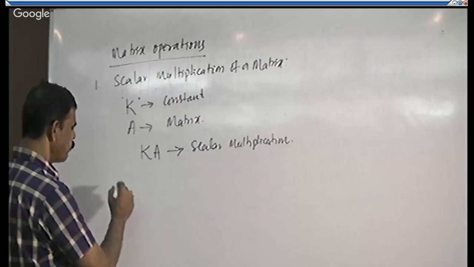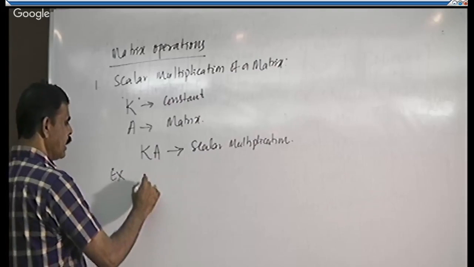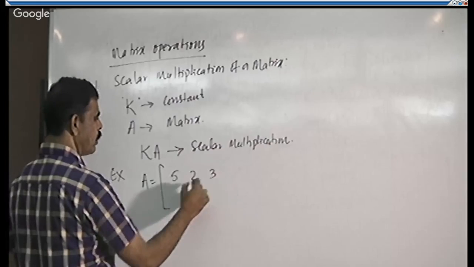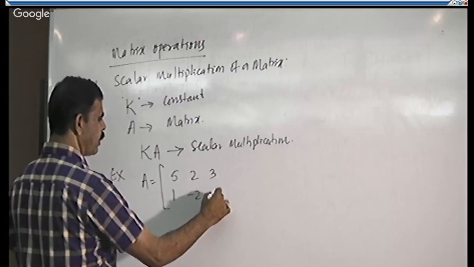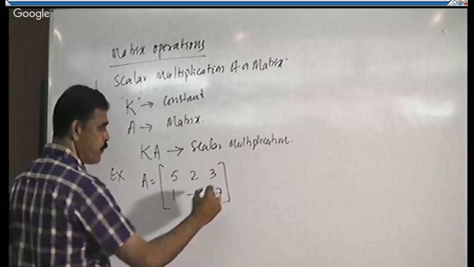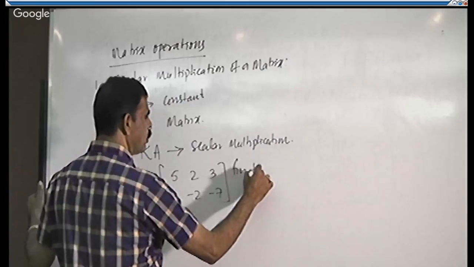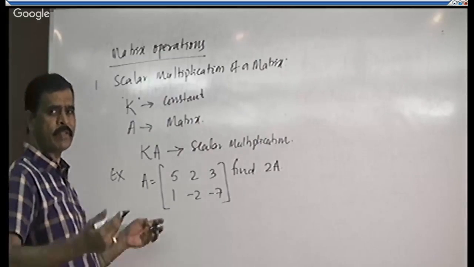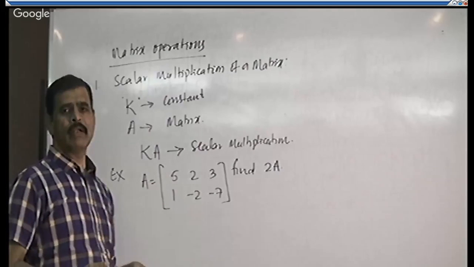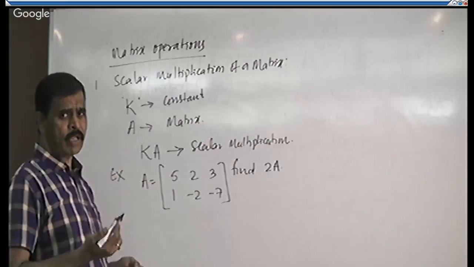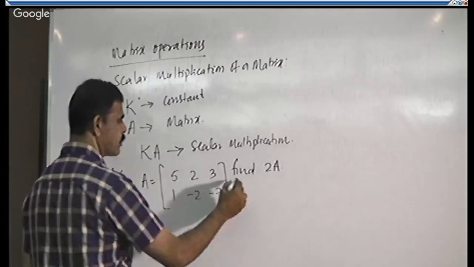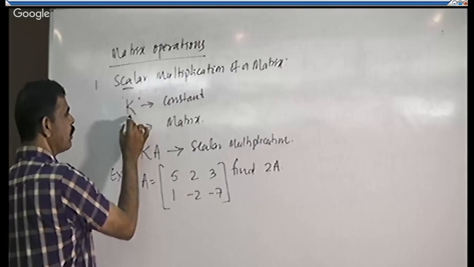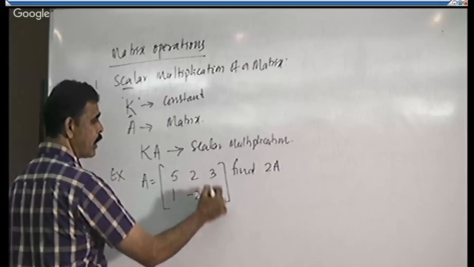I will explain with an example. A is the matrix 5, 2, 3, 1, minus 2, minus 7. If they ask to find 2A, they may ask you anything: 5A, 10A, 4A, like that. Suppose they ask to find 2A, 2 is a scalar, like K, and A is a matrix.